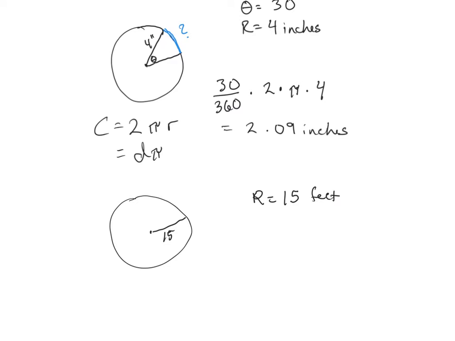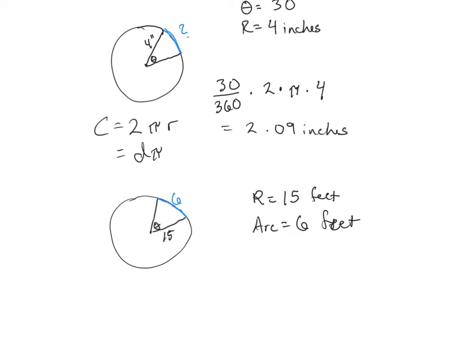And now we're given our arc length, and they say our arc length here is 6 feet. And they want us to find the degree, and this time they want us to find the degree in radians.